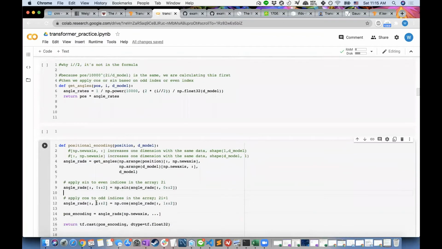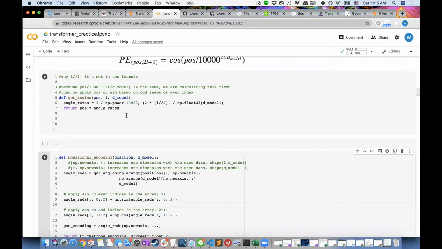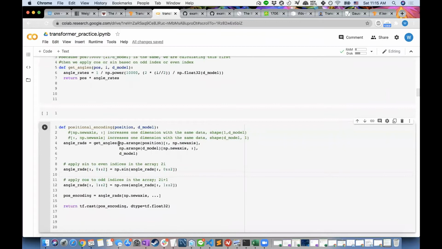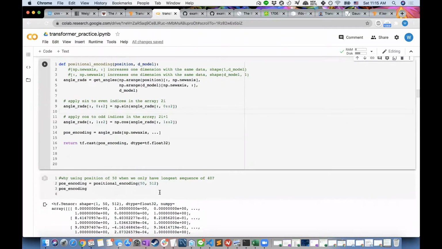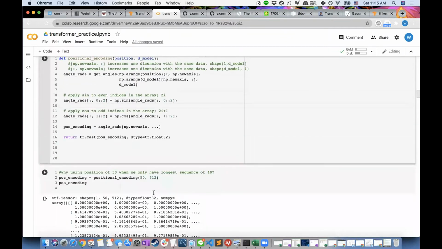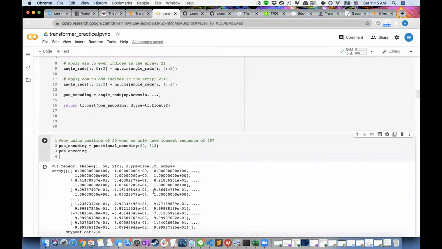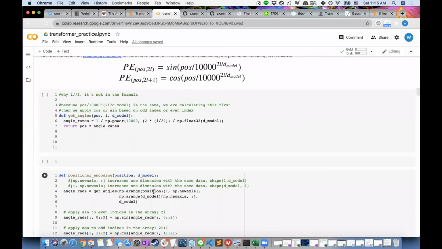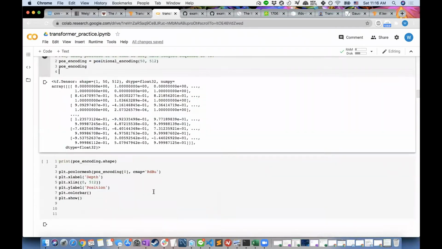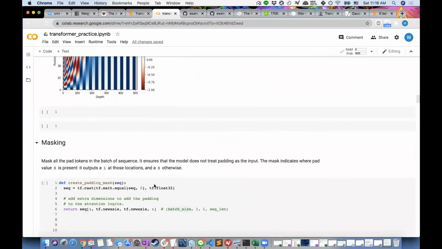For the odd numbers, we use cosine, and then you use numpy sine, and you feed that function into this, and eventually you will be able to encode your positions. So we went through that, so I'm going to go through this relatively quickly.